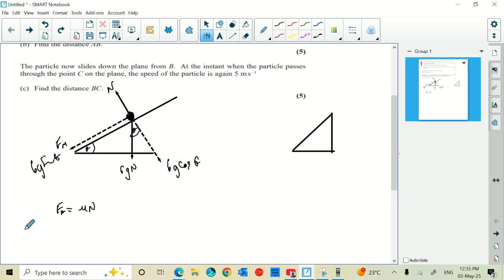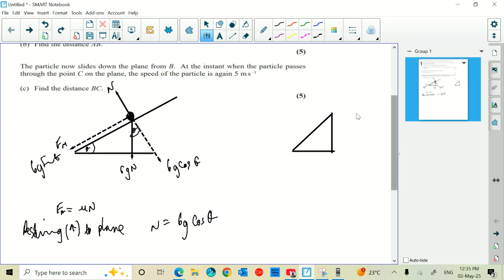I'm going to tell the examiner what I'm going to do: resolving perpendicular to the plane, I'm going to have N is equal to 6g cos theta.